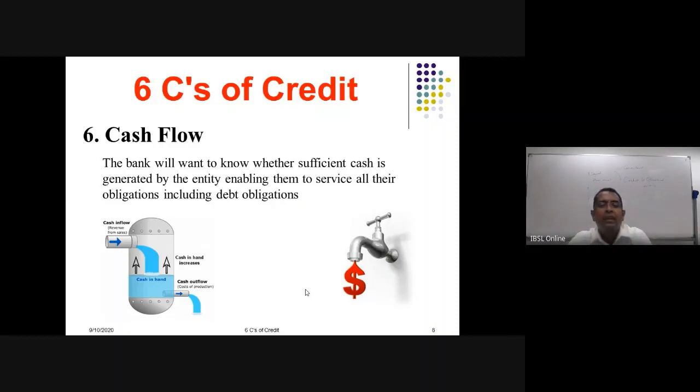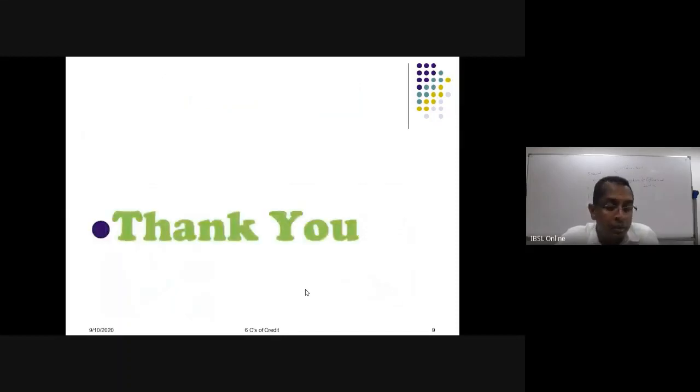So these are the things. Don't mix up this cash flow. Sometimes they will ask what are the 6 C's of credit, saying cash flow. Instead of cash flow, they'll say cash. So you have to be careful in answering. Thank you on that as well.